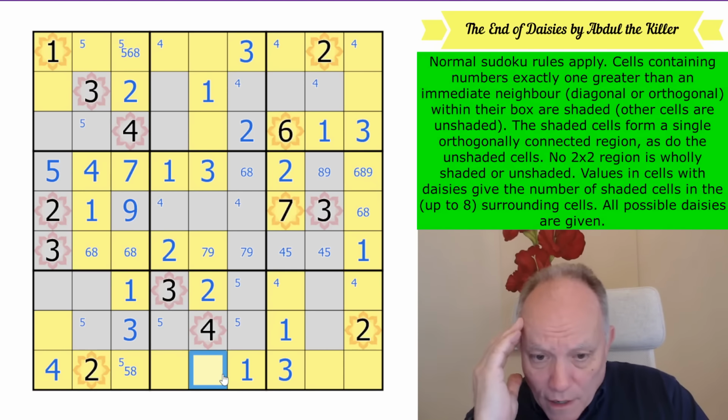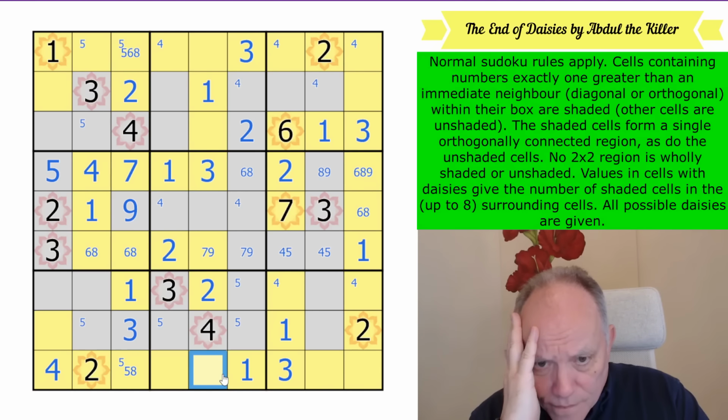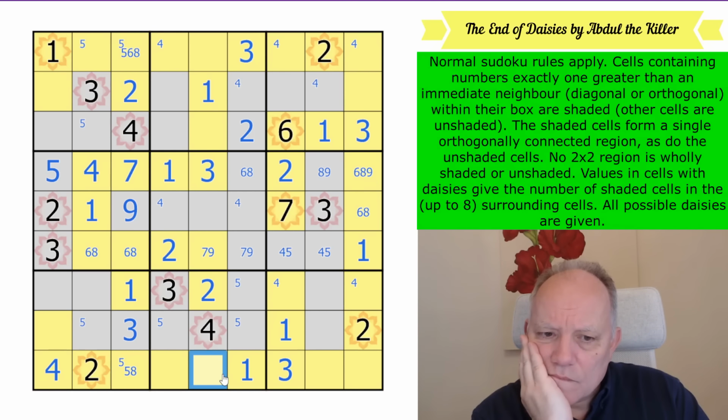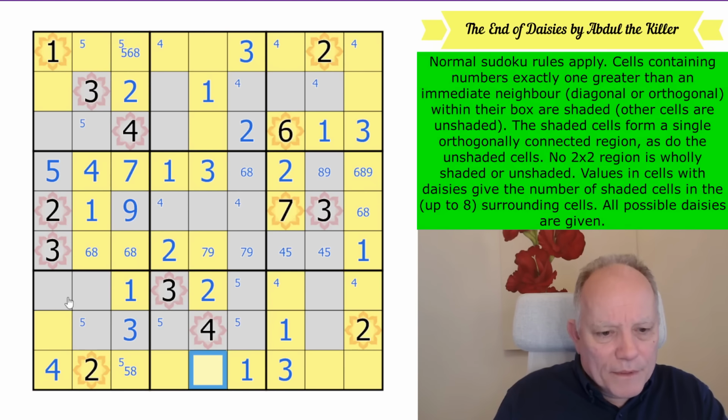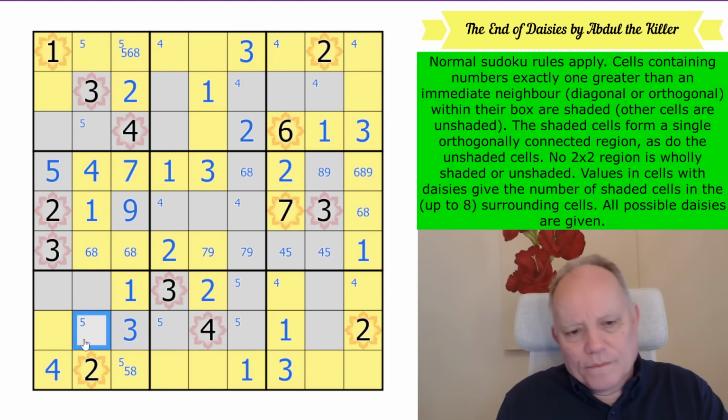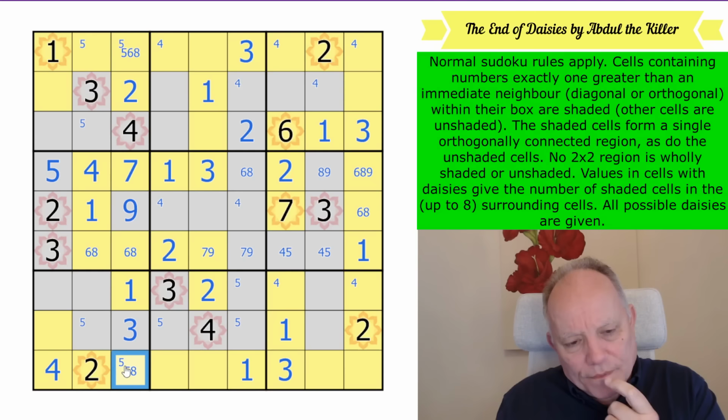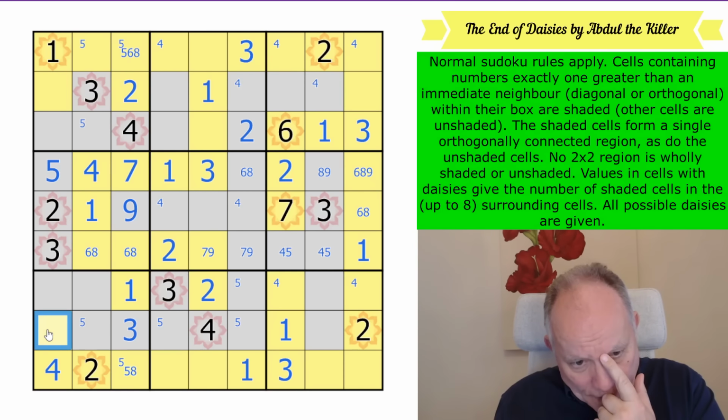Oh, this is tricky. Just need to keep thinking, try and come up with some way of doing this. If that was a 6, this would be 5, and that would be 8. That would have to be 9, and that would be 7.